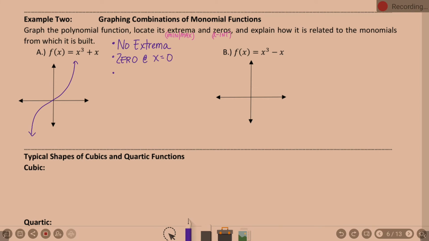That'll make a little bit more sense when we do the next graph. This is just kind of the basics here. So when I talk about how it is related to the monomials from which it's built, the shape is much like y equals x to the third.